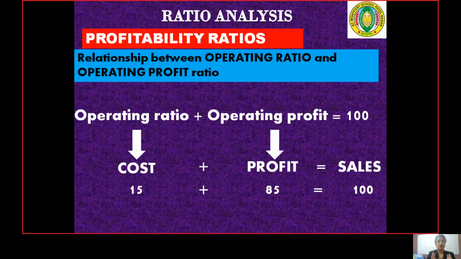So vice versa, this equation can be used either to calculate the operating ratio or to calculate the operating profit. And remember this: operating ratio, being an expense, and operating profit ratio, being a profit, are complementary to each other. The variation in one will definitely show its effect on the other. This is what this equation portrays.